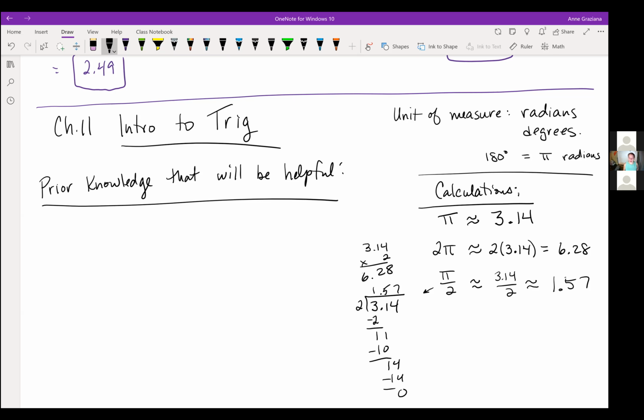So these are like boring little calculations, but we're going to use these numbers over and over. Now, the other thing is I want to be able to take pi over 2 and multiply that by numbers, like 3 pi over 2. That's going to be a big one that we use. So if I take pi over 2, that's the same as 3 pi over 2. And when I approximate that, that's 3 times about 1.57.